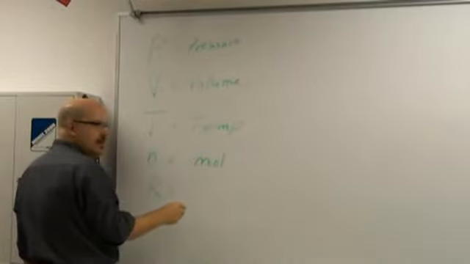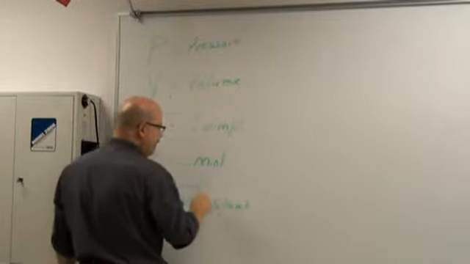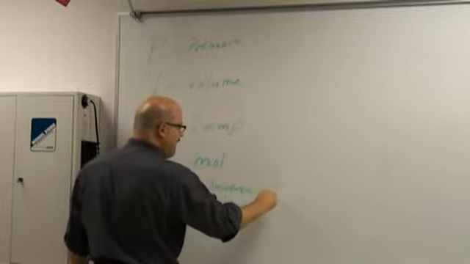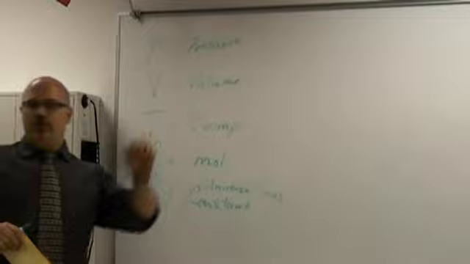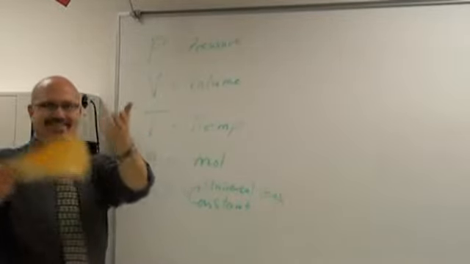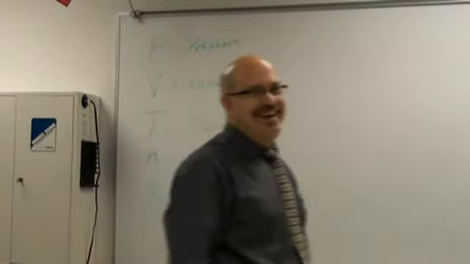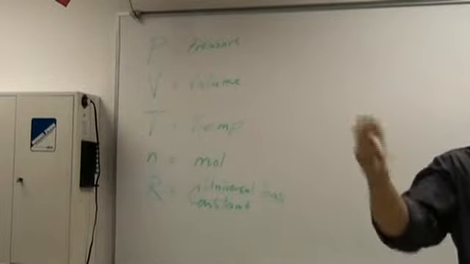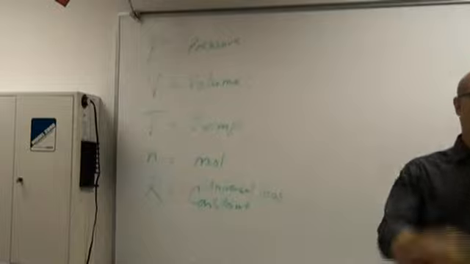And then a constant. This is called the universal gas constant. The R. Well, U is already used for potential energy and stuff.